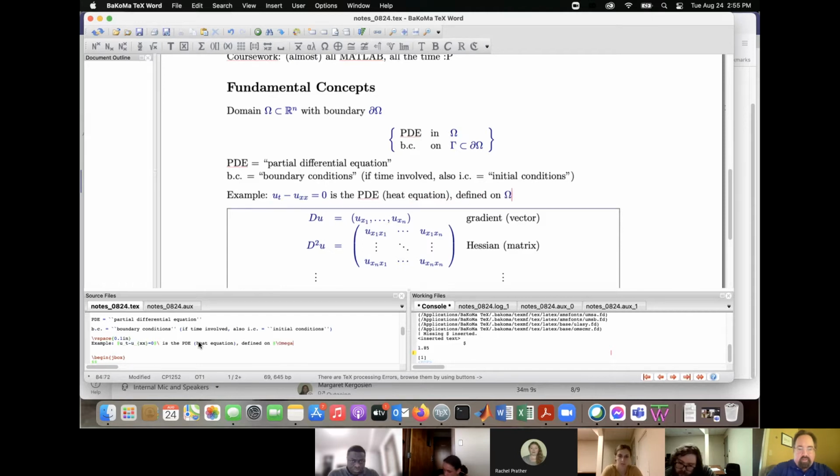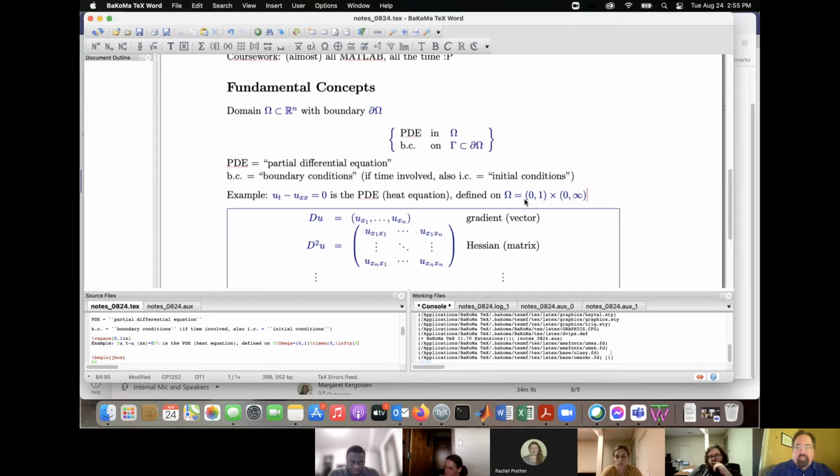So a possible domain in this case might be, say, the interval 0 to 1, Cartesian product with the interval 0 to infinity. This interval is for space, and this interval is for time.